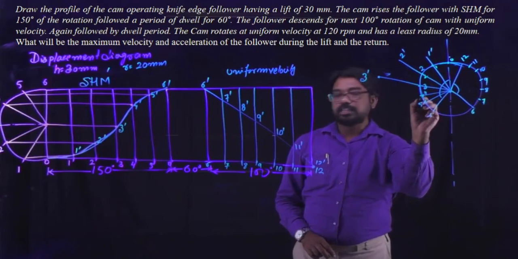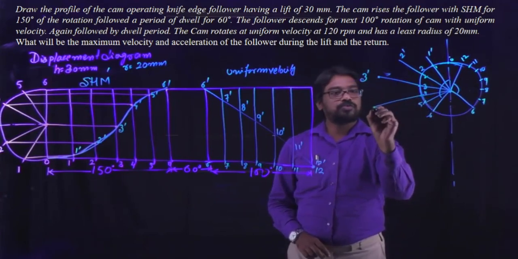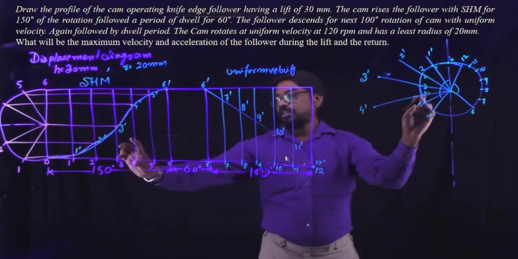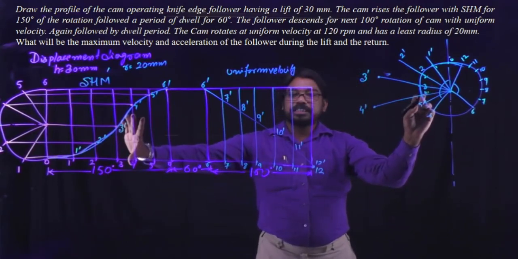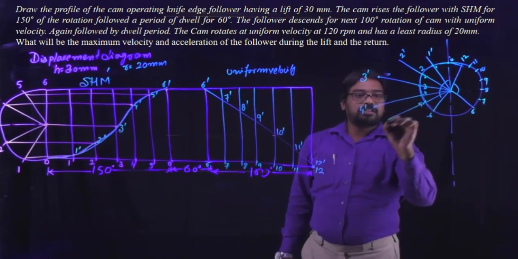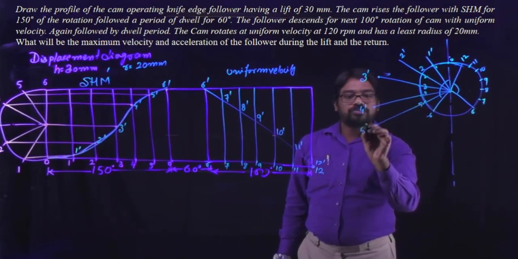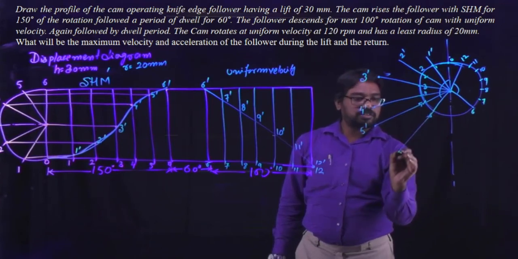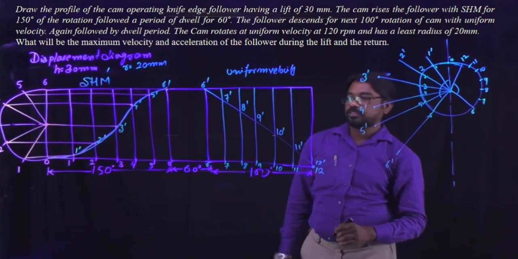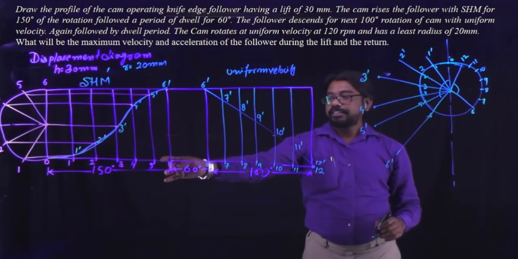Similarly we have 4 to 4 dash, which we measured with a scale and extended. Similarly for 5 dash, and finally we have 6 dash.